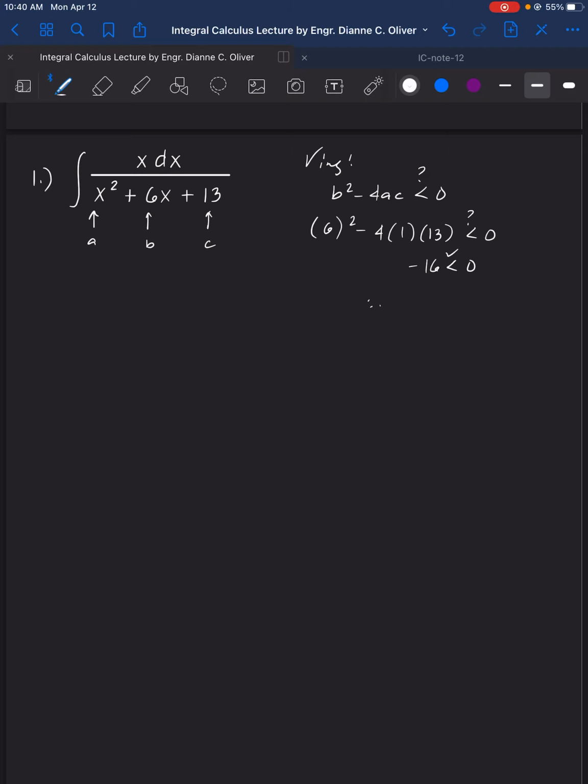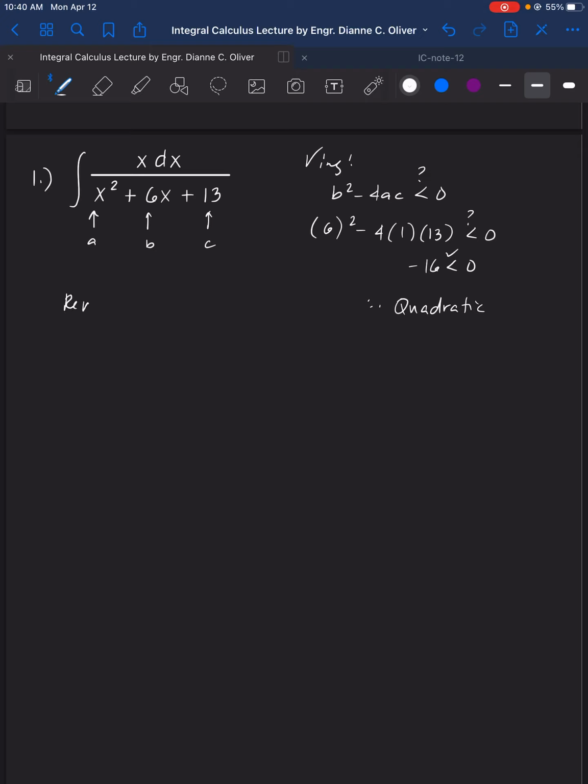So therefore, we will use quadratic, meaning it will not have a factor. So we cannot use linear or we cannot use repeated here. But we will go to the last resort, which is the quadratic factor.